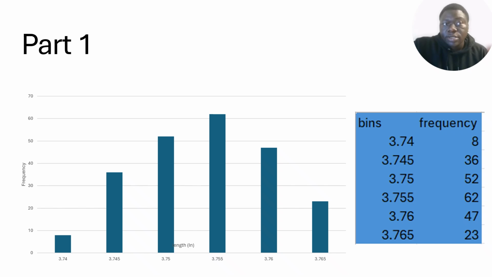And to answer the question for day one, the histogram looks like a regular hill shape centered around 3.75, and it doesn't spread out much. This means the process was running pretty smoothly with normal variation. After using the average range and the D2 value, the estimated sigma comes to about 0.0051.